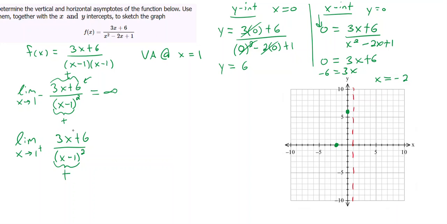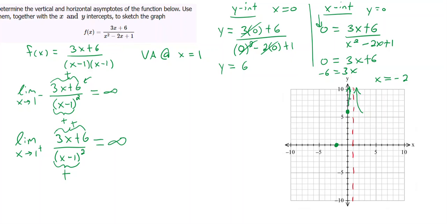The numerator, if I throw in a number very, very close to 1, is still coming out positive. So again, it's going to be approaching positive infinity. So we know that our graph is approaching infinity from the left, and it's approaching it from the right. And now what's left is just to figure out what's happening with our horizontal asymptotes, right?